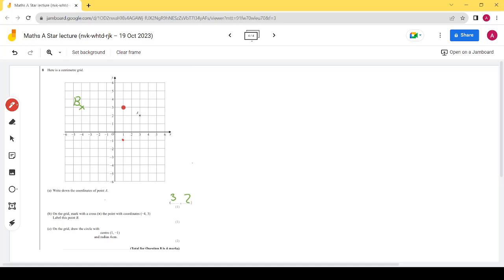So if you had a compass, you can mark it at the 4 centimeter point and then just draw a circle like that. The circle should go round like this. You can see we've got 4 centimeters there, 4 centimeters there, 4 centimeters there, 1, 2, 3, 4. So you can just count 4 squares from each point.